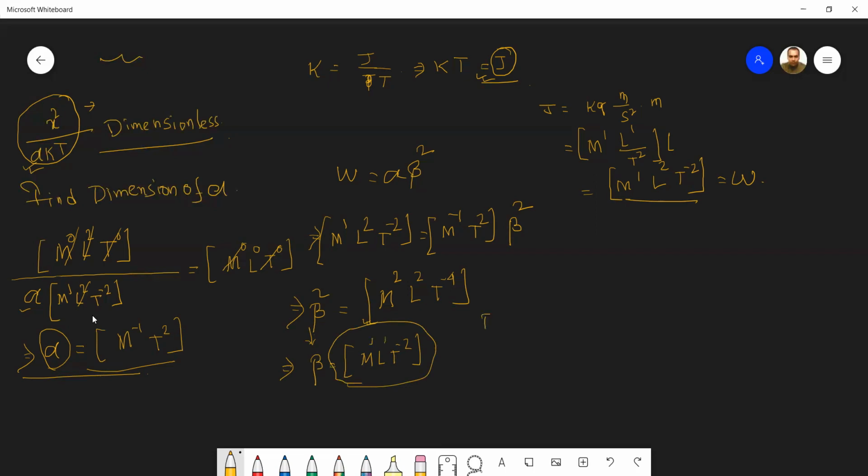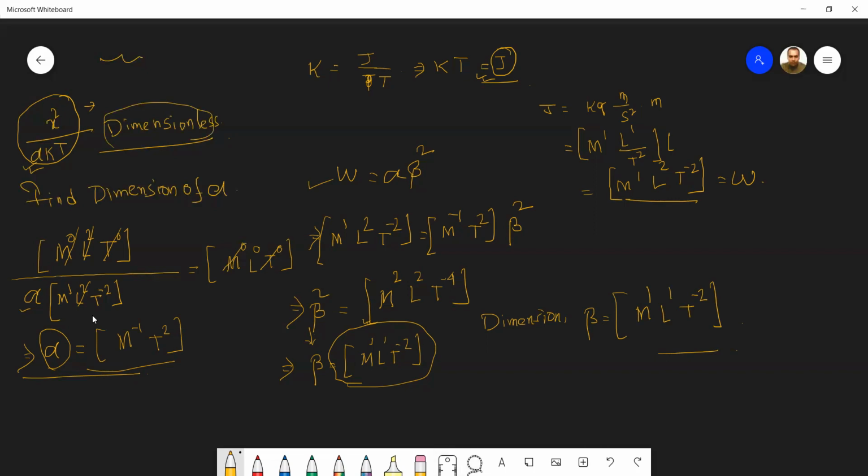So the dimension of beta is M1 L1 T minus 2. This is how you can solve such a problem. Once you know the dimensions of the given quantities and you have a look at the question, the exponential term is a number.